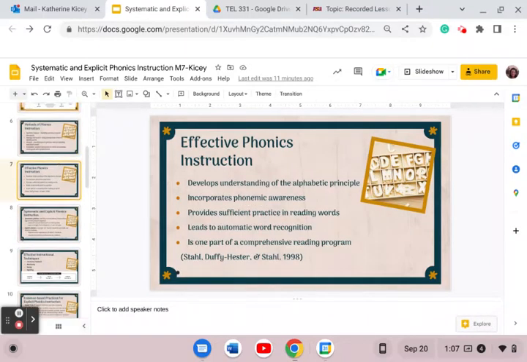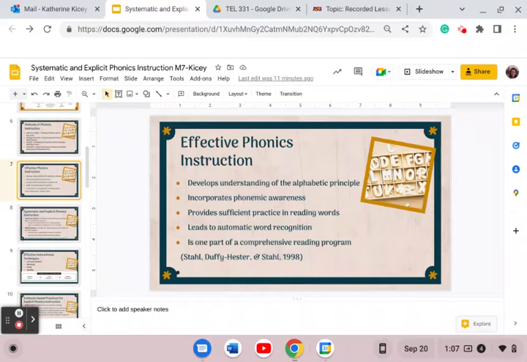So effective phonics instruction has to develop an understanding of the alphabetic principle, which, remember, is that knowledge of sounds and letters. It incorporates phonemic awareness, which we have talked about, where it's blending and segmenting and learning how to break apart words either by syllable or sound.